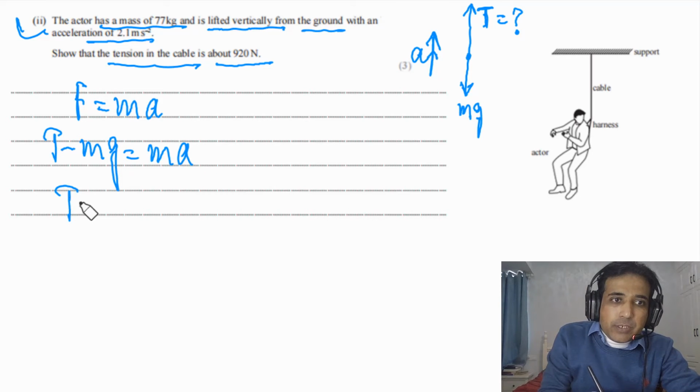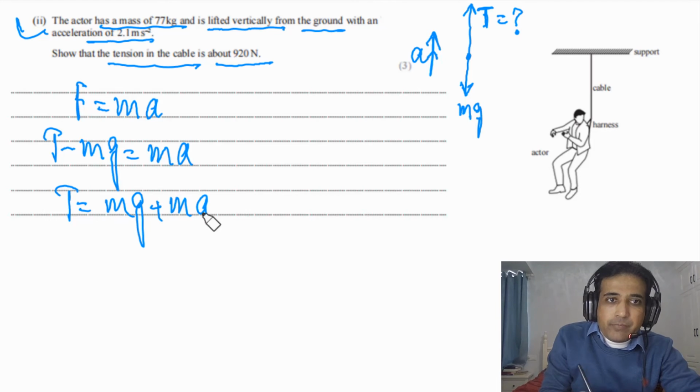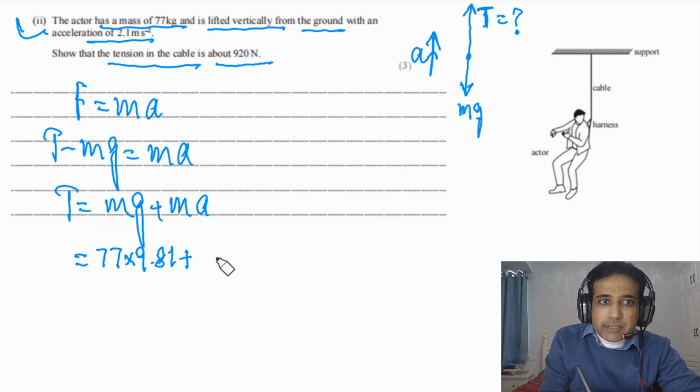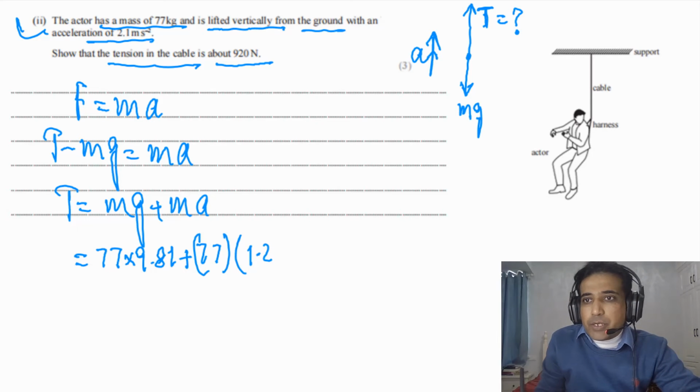We need to find the value of T, so we can say T is equal to mg plus ma. We have the value of mass, that is 77 kgs, and we have the value of g, that is 9.81. Again we have the mass of the system, 77 kgs, and the value of acceleration is 2.1.